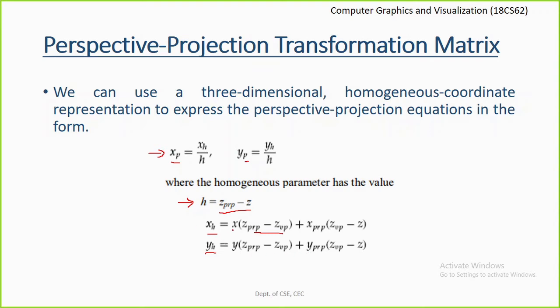In xh you have x and xprp; in yh you have y and the y coordinate of the projection reference point. These are the equations for computing xh and yh, and this is the equation for computing h. Together they give the value of xp, and similarly yh gives the value of yp. So this is the homogeneous coordinate representation to express the perspective projection.